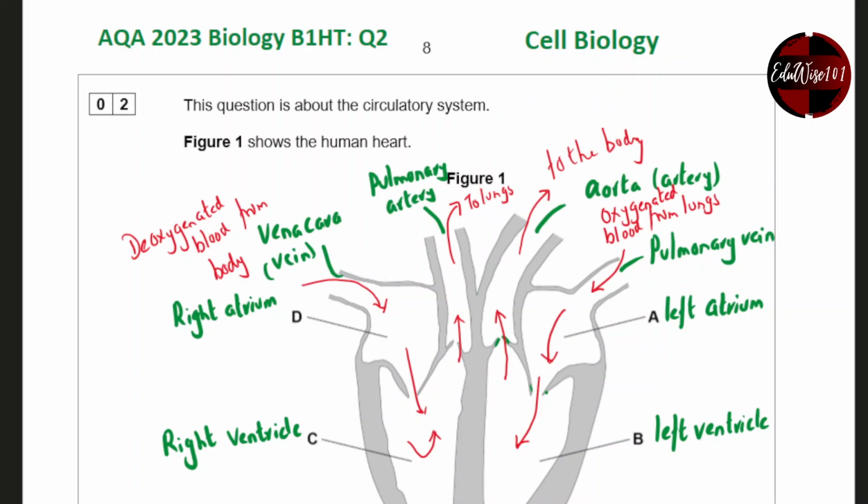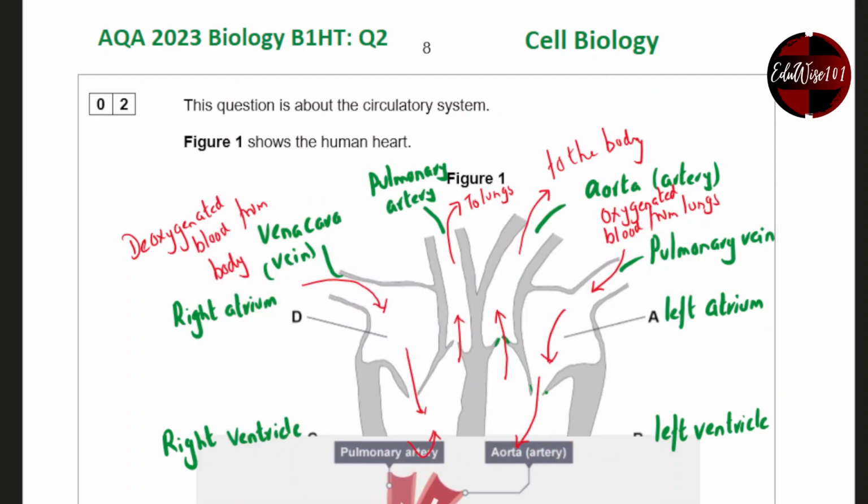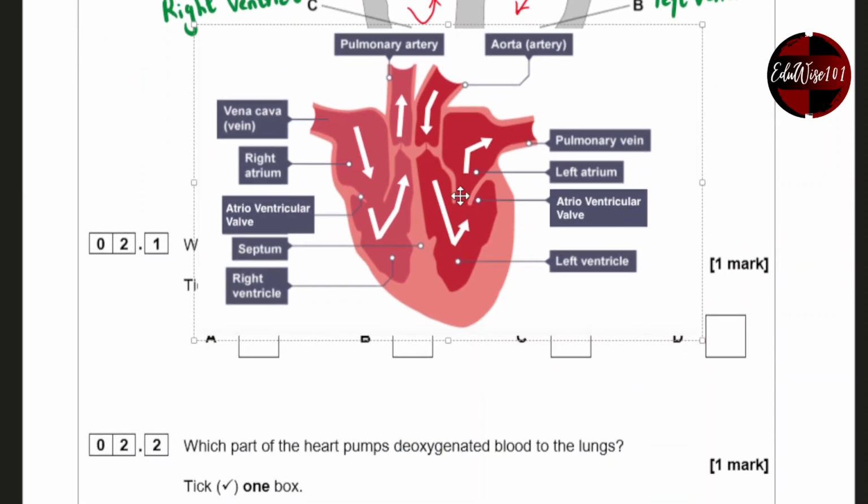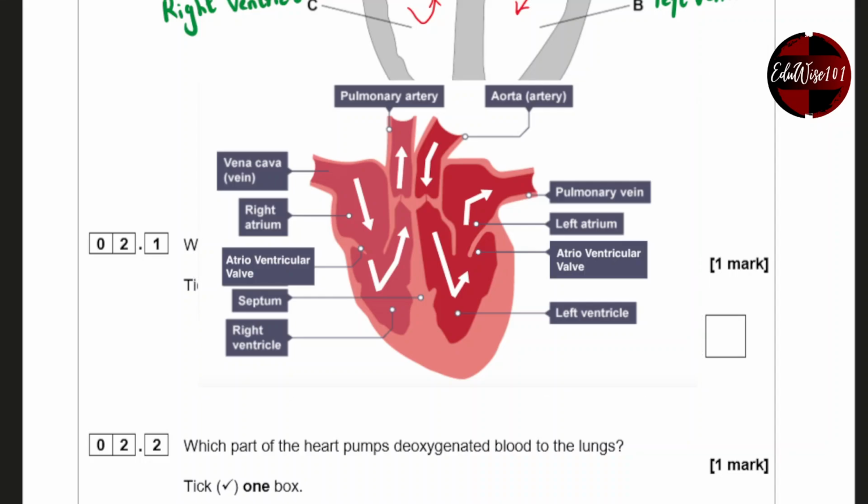Now you might want to make sure that you make a note of this. I'm going to give you just a quick example because I didn't want to make a mistake, and I went and found a similar diagram online so that I can label it. So here's the diagram that I found.